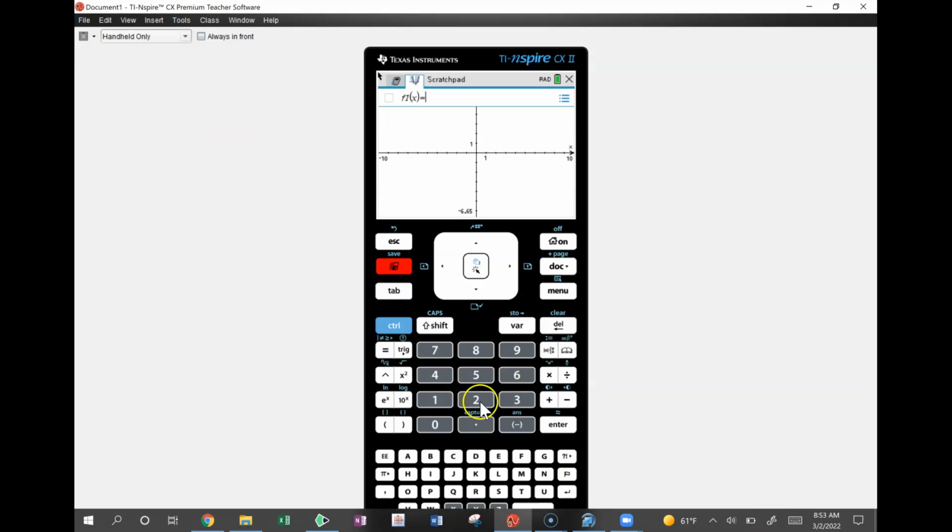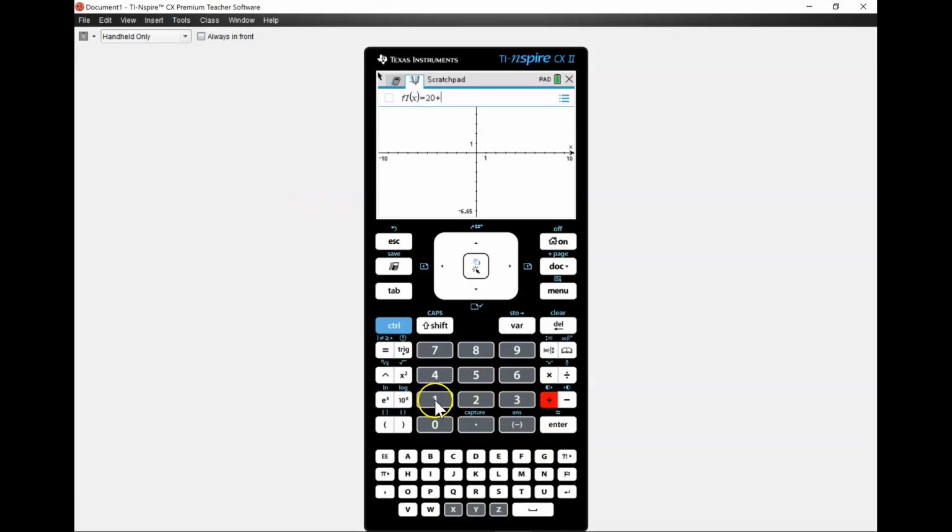It's going to be 20 plus 15 sine of pi x over 6. Okay, there we go. We don't really care what it looks like at this point, but we're going to go here, and now we're going to integrate from 0 to 5, using the function f1 of x.